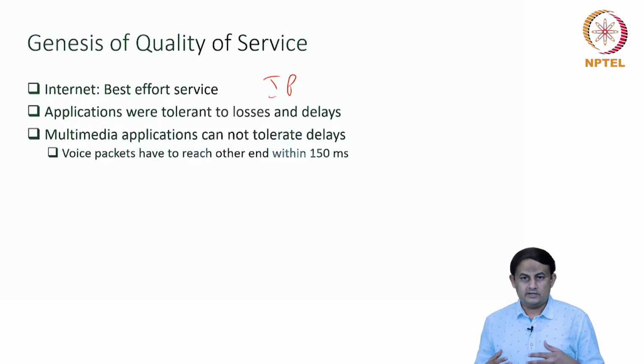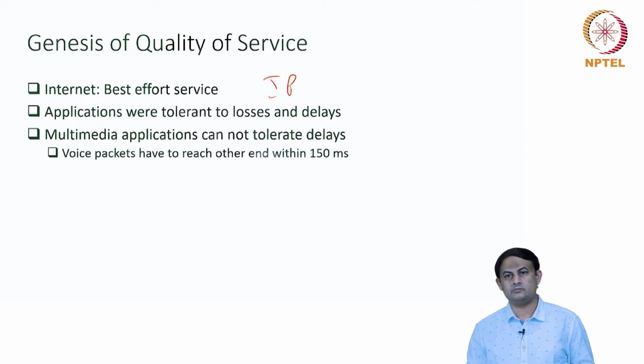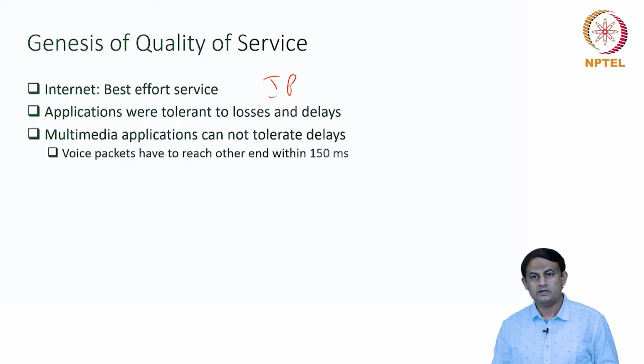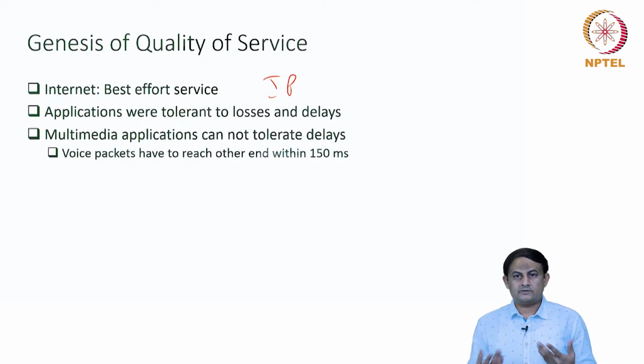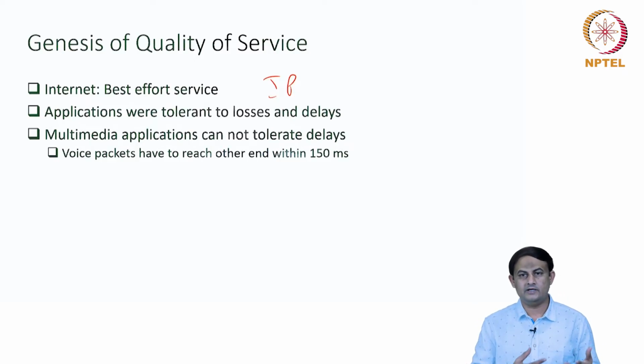So now the question is, how do we run such applications on top of the best effort delivery service model that IP offers? In order to deliver such models, you require something called quality of service. Quality of service here means that the packet needs to be delivered to the right destination within a particular time frame, or some other application might say that it requires so much bandwidth, and so forth.